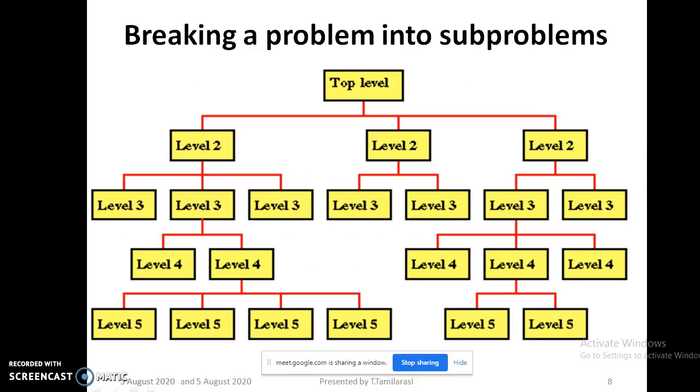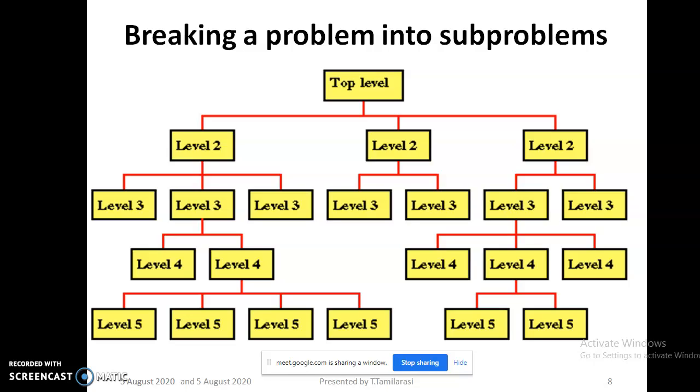The first one is breaking a problem into sub-problems. Already I told you, a big problem can be divided into multiple small problems. Let's see the picture. The top-level problem is a complex one, and it is divided into level 2, which is less complex than the top level.